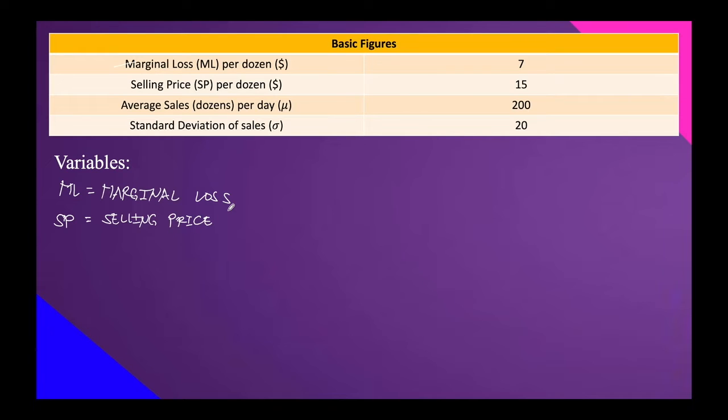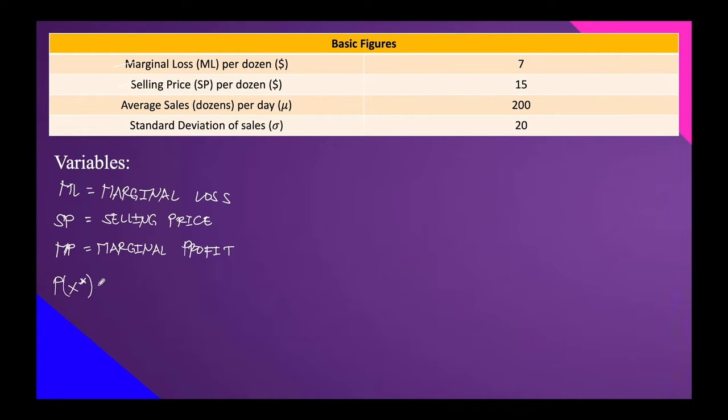Next, we have MP. Ayun, MP, hindi siya kasama dito. MP stands for marginal profit. So, we have marginal profit. Next, we have the P of X asterisk.